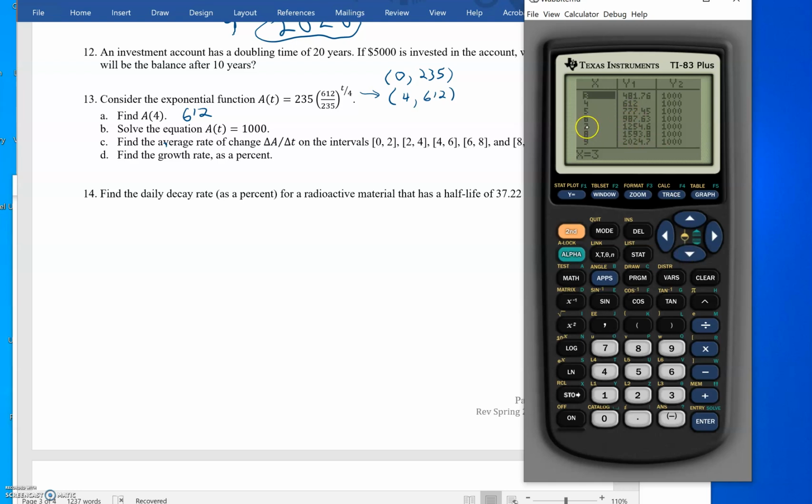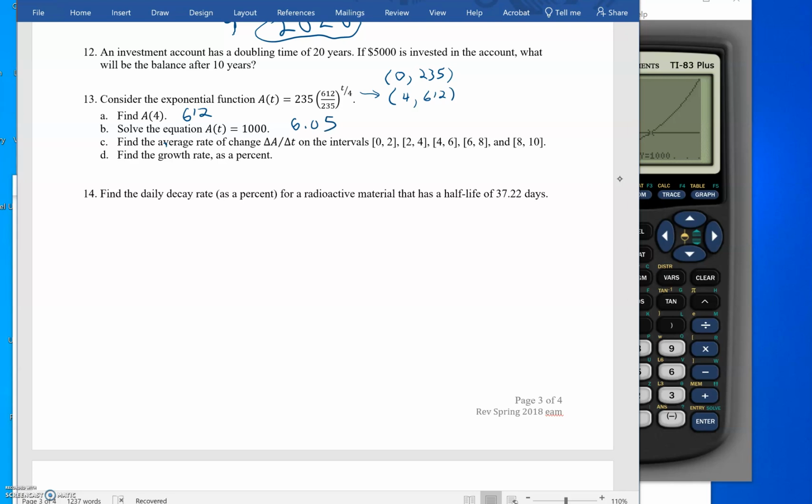And it happens pretty quickly, between 6 and 7. So I can probably just do 10 for my window and then do zoom fit with that. And there's our intersection, and it is 6.05.